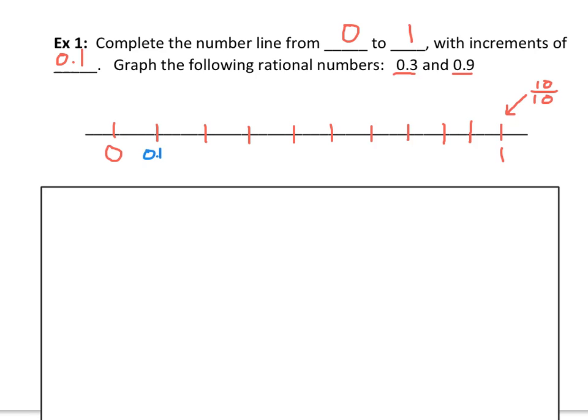This is 1/10, this is 2/10, this is 3/10, 4/10, 5/10, 6/10, 7/10, 8/10, 9/10. Now let's go ahead and graph our rational numbers. We've got 3/10 right there, which is closer to 0, and we've got 9/10, which is closer to +1.